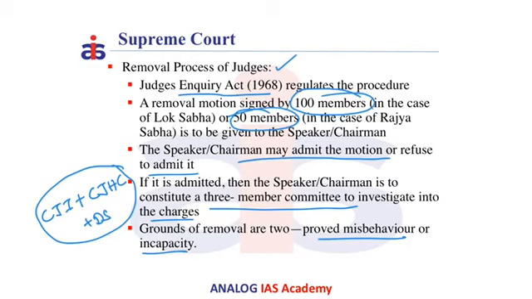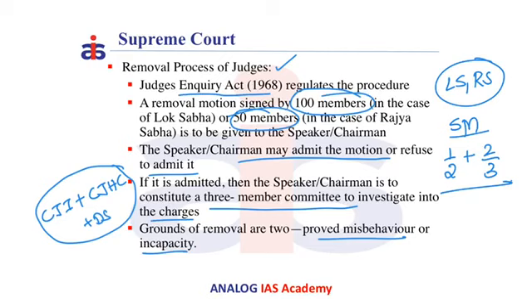Then the motion is taken up in each house, where the removal motion needs to be passed by a special majority, that is, half of the total membership of the house plus 2/3 of the members present and voting. If the motion is passed in both Lok Sabha and the Rajya Sabha, then the President is entitled to remove the judge from the Supreme Court.